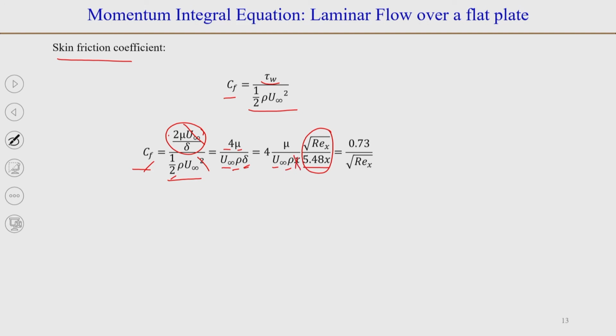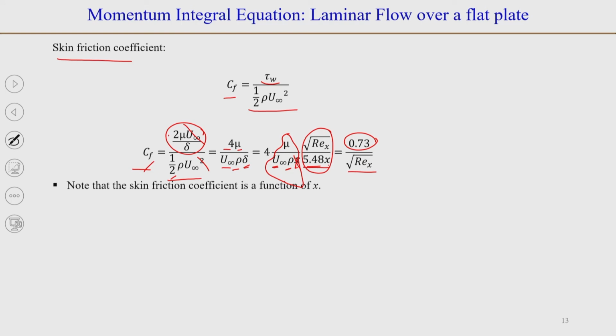So, we can remove one of those x's. So, u infinity rho into x. So, you will have 4 divided by 5.48, that will give you 0.73, and root Re x. So, mu divided by u infinity rho into x will be Re x, and that gives 0.73 divided by root Re x. So, that is the value of Cf.